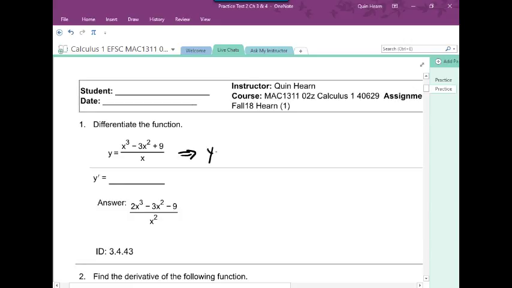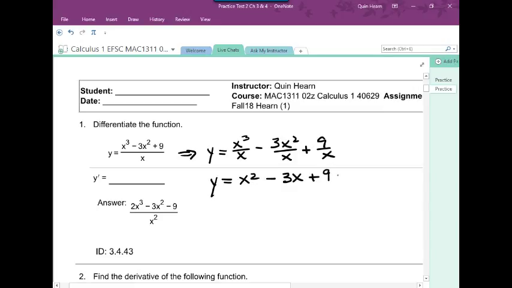So in other words, this is really y equals x cubed over x minus 3x squared over x plus 9 over x. And simplifying, that means that y is equal to x squared minus 3x plus, we could even write this 9 over x as 9x to the negative 1 power.